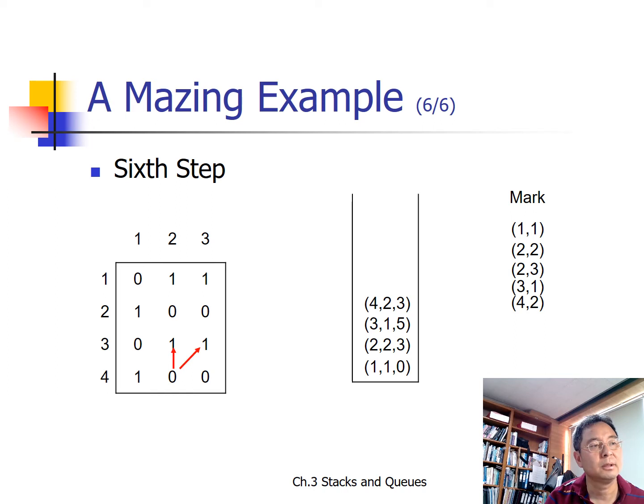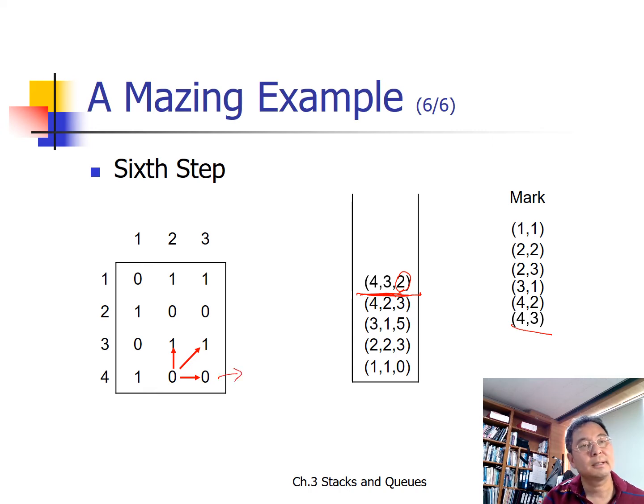Okay, no. Yes, this one is yes. So 4, 3 is stored here, and the direction is 2, and the 4, 3 is here. Okay, now this one is the final exit.